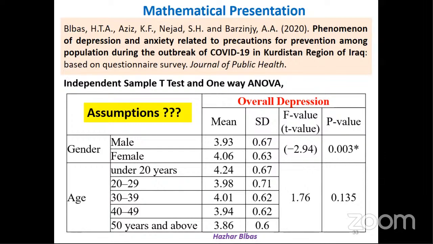If you know there is a significant association, you're going to look at the mean to see which one has more depression.